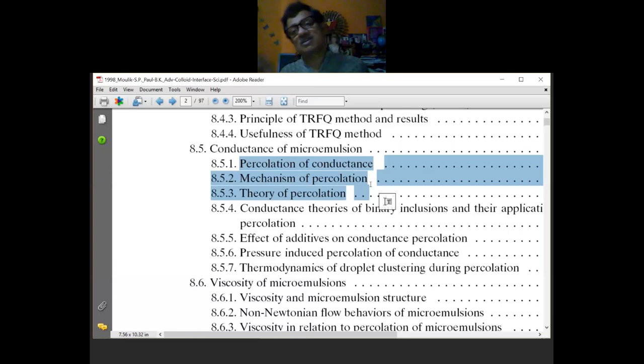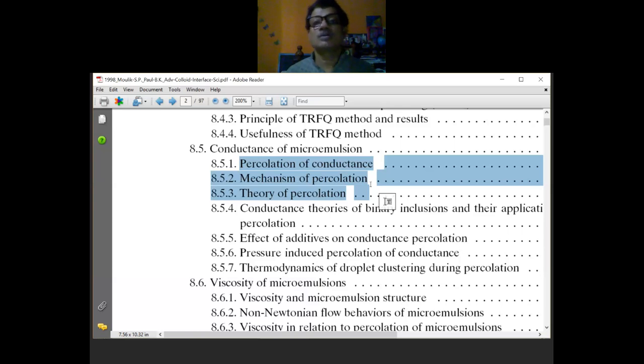Or if I go on increasing the temperature, known as temperature induced percolation, I would expect after a certain threshold temperature a significant, manifold increase in electrical conductance. That is, there would be an exponential increase in conductance, either if I increase the volume of the dispersed phase, called volume induced percolation, or if I increase the temperature, called temperature induced percolation.